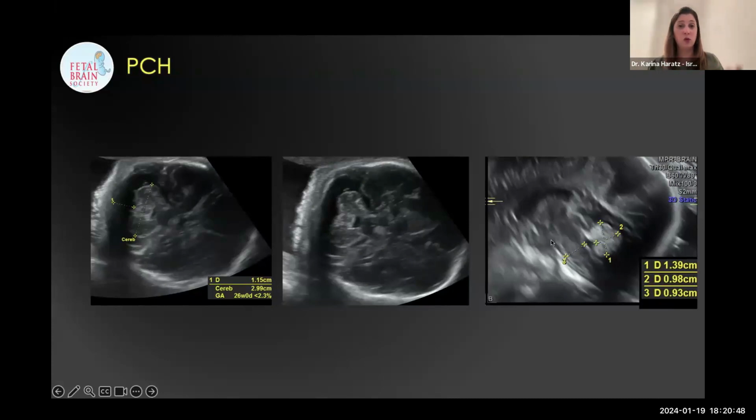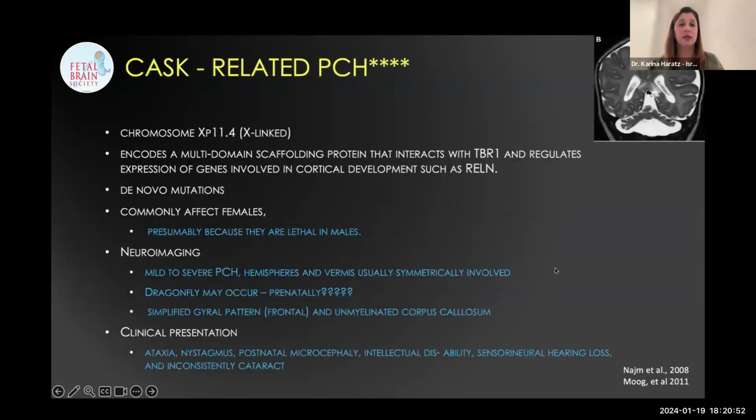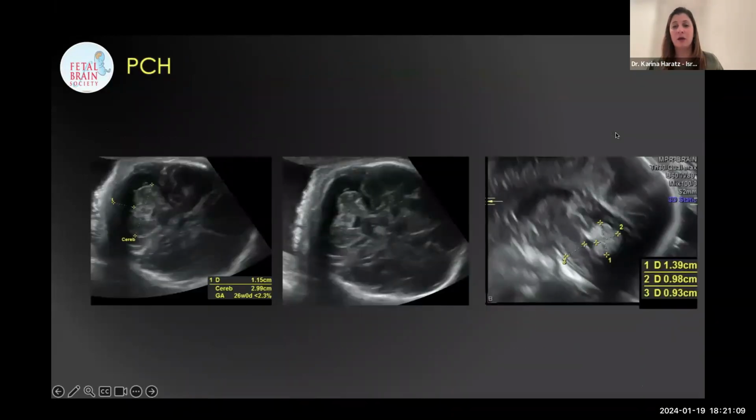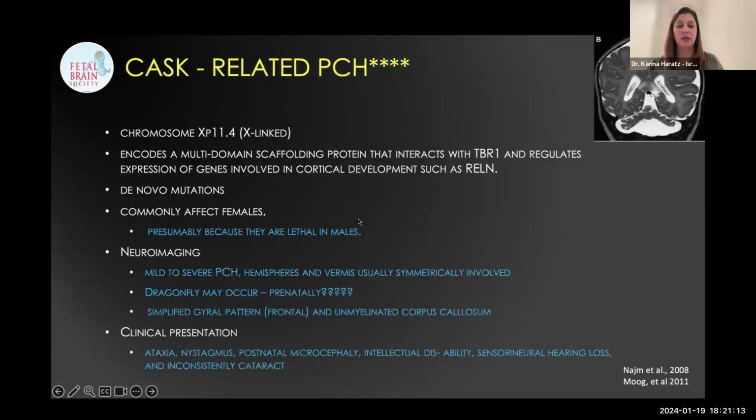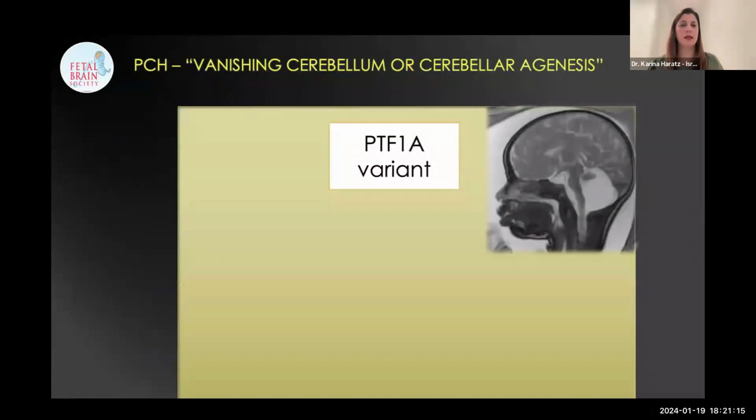Sagittals look good, but biometrically small, and this is a CASK gene-related PCH, okay, which is an X-linked abnormality, commonly affecting females because they are little in males, and they have the postnatal dragonfly, okay, but our patient is very far away from bringing dragonfly during fetal life, and we need to remember that.